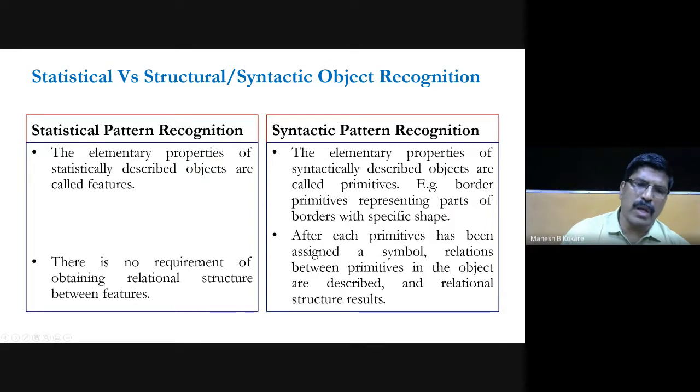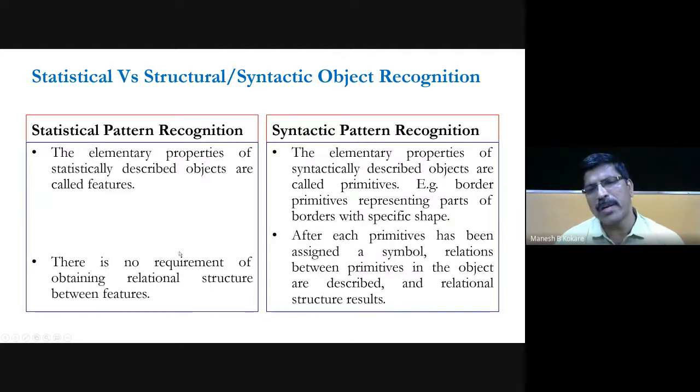So in the statistical approach there is no requirement of obtaining the relational structure between the features. Whatever feature vector you get, suppose you have extracted 10 features, you don't have to establish the relation between the first feature and second feature, or second and third, or third and first, and so on.